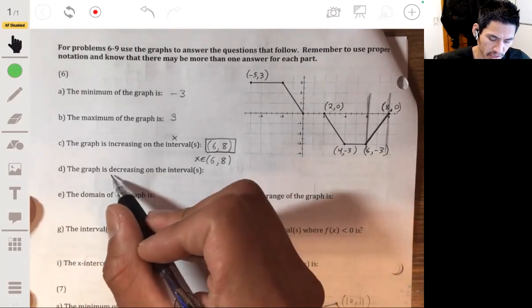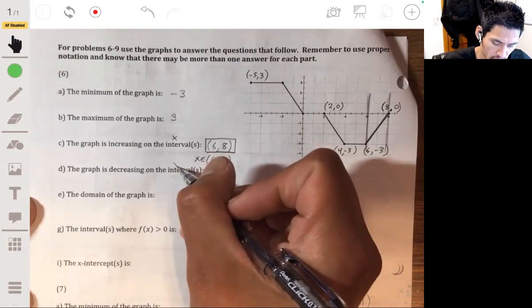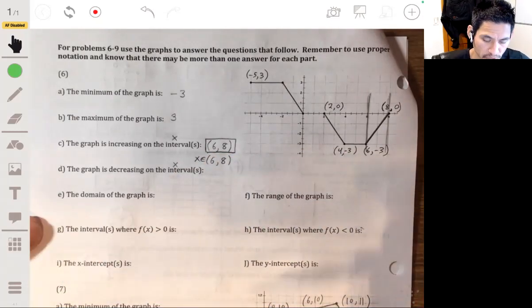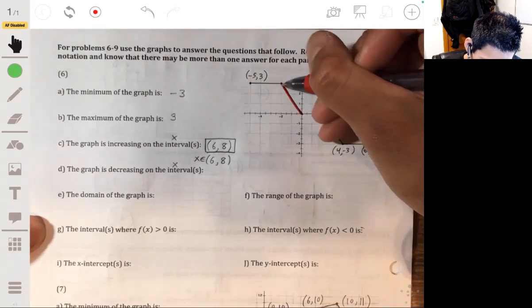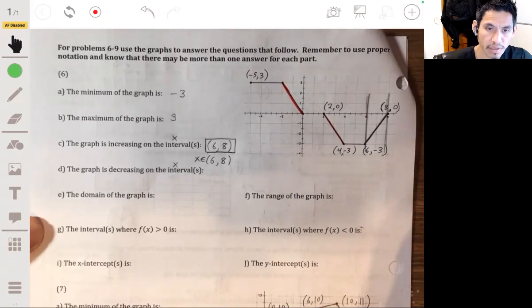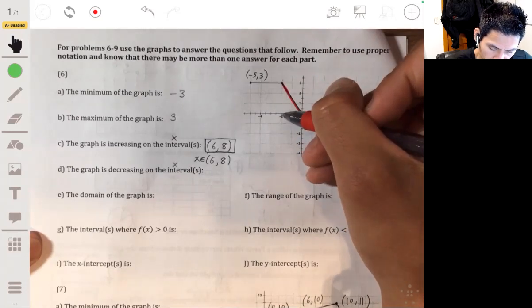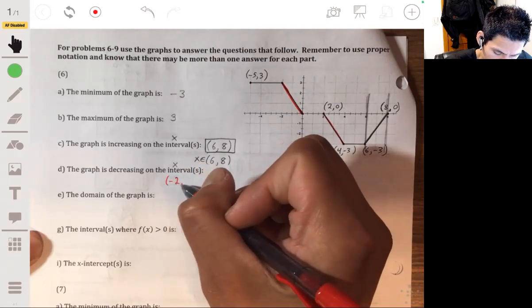The same thing with decreasing. We list the x interval, the values of x when it starts to decrease. It's decreasing on this portion here, and decreasing here. So the x values here would start at -2 up to 0.